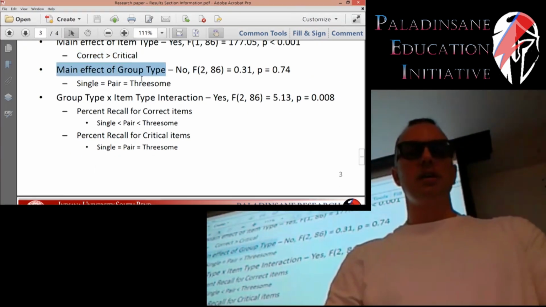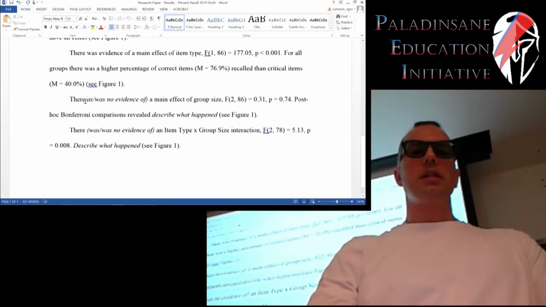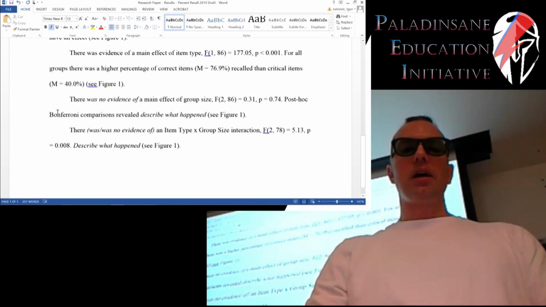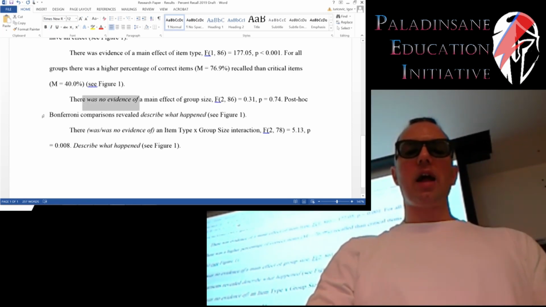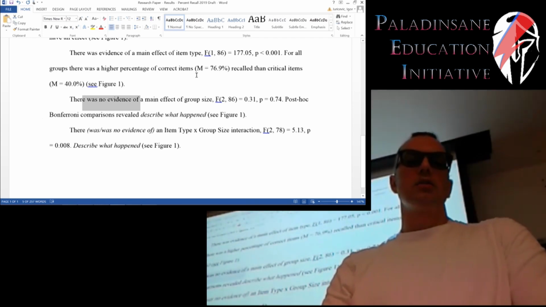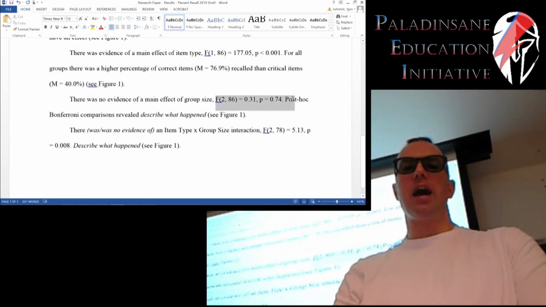What that means is that any differences that we see in group type do not indicate a real difference. It indicates a chance difference, right? So these groups are actually equal on their percent recall. So there was no evidence of a main effect of group size. There's the stats.